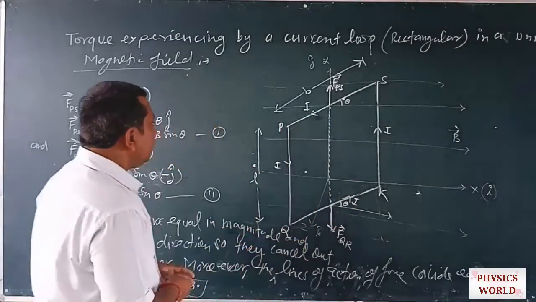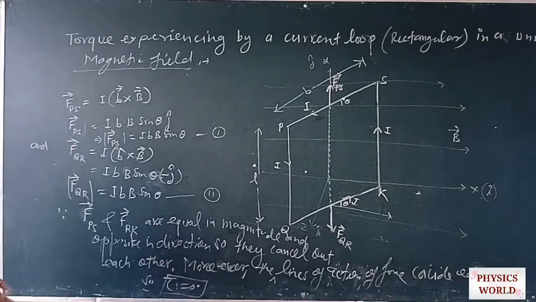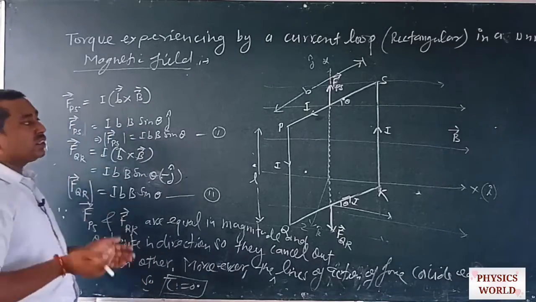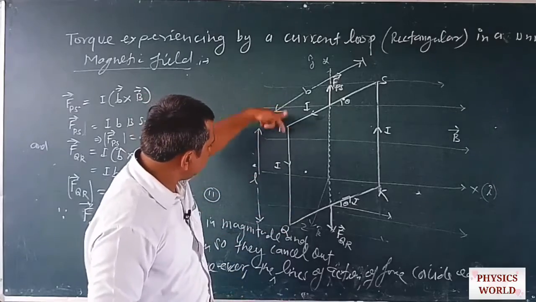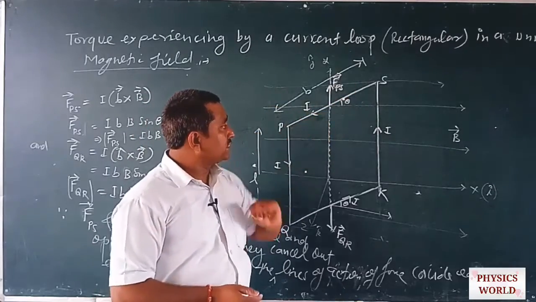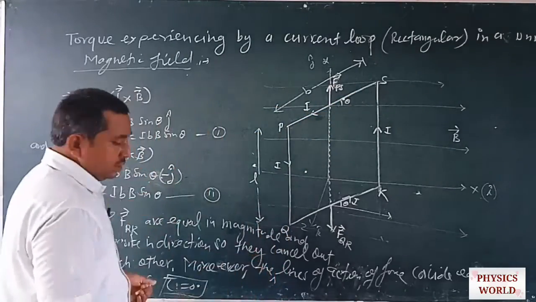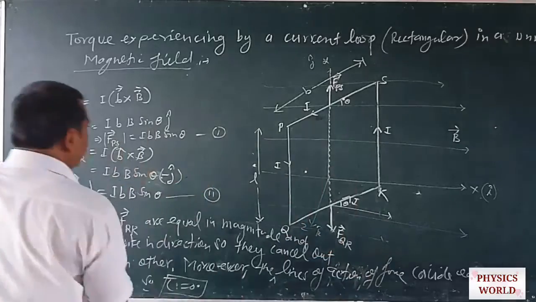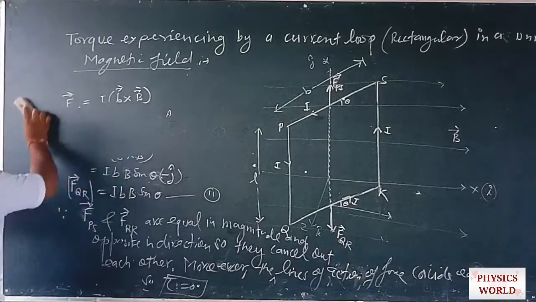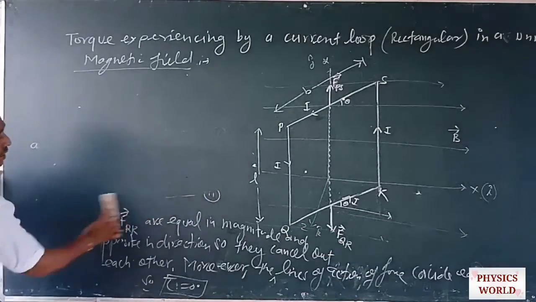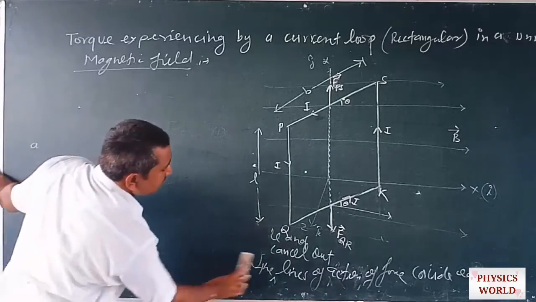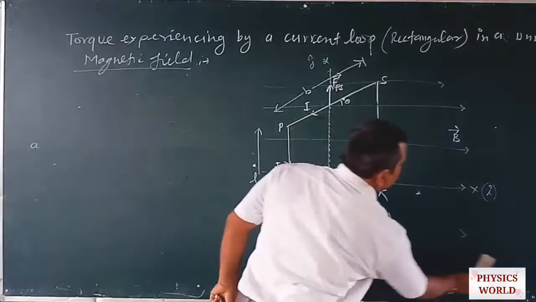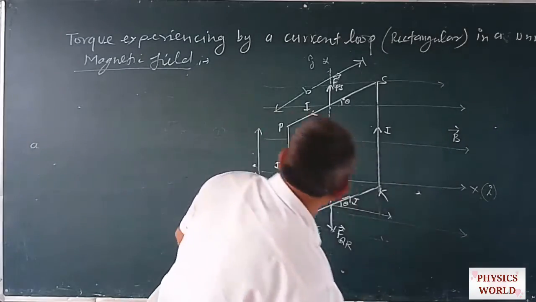Okay, now let us calculate the amount of torque experienced by this coil due to the current flowing in PQ and RS. Let us first calculate the force experienced by the parts of the coil, that is PQ and RS.